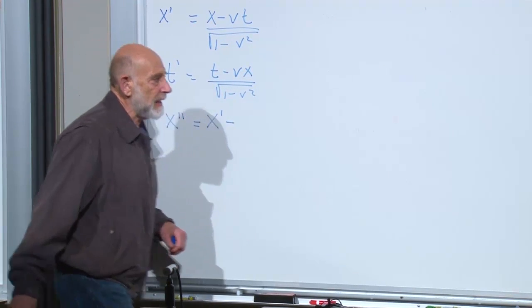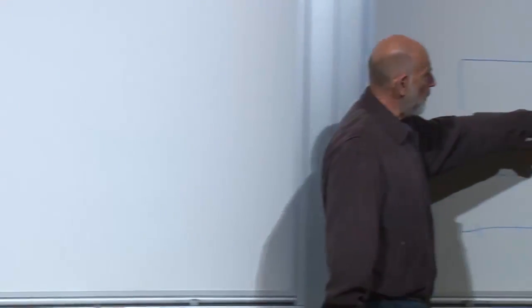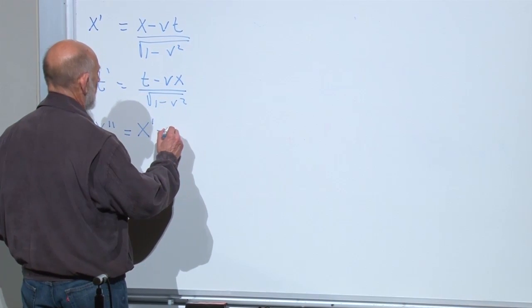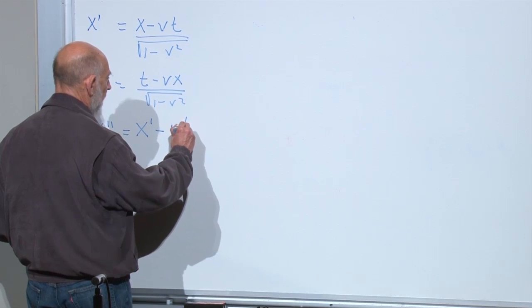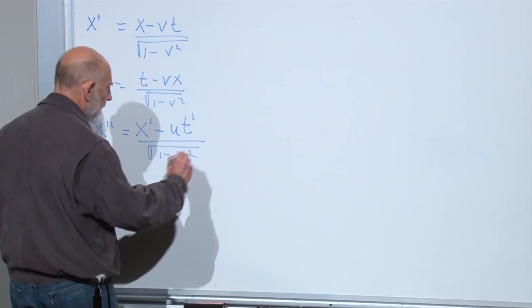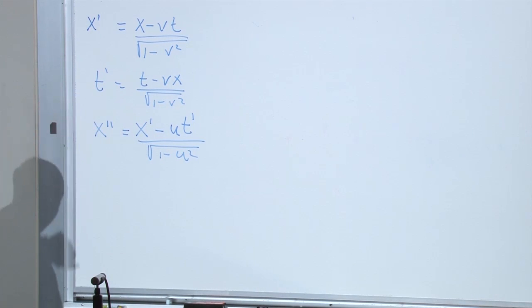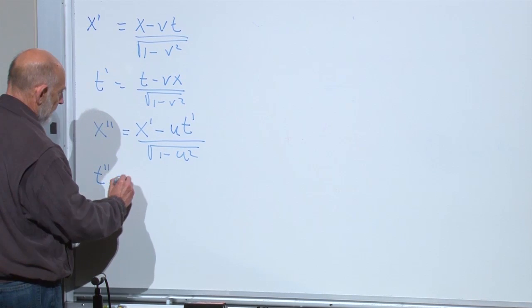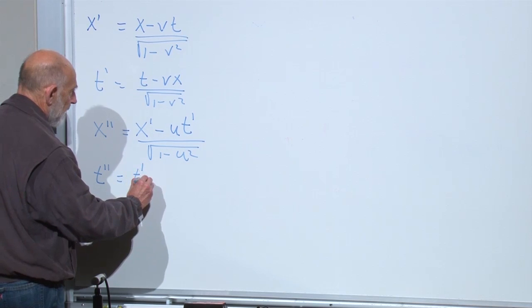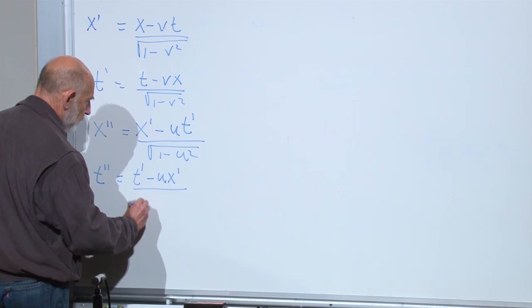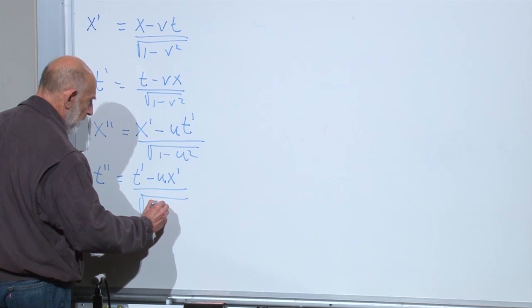And instead of v, we will use the relative velocity u. All right, so this is going to be x prime minus u t prime divided by square root of 1 minus u squared. All right, so this is the Lorentz transformation between the double prime frame and the single prime frame. T prime minus u x prime over root of 1 minus u squared.